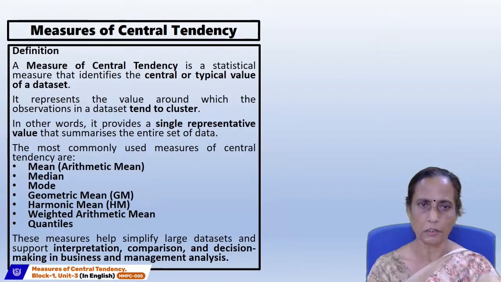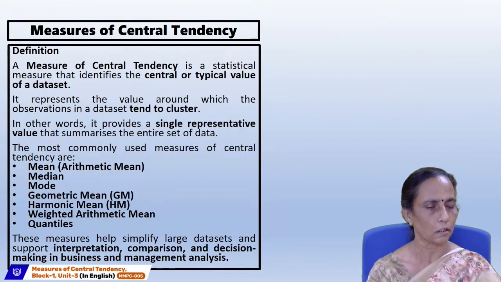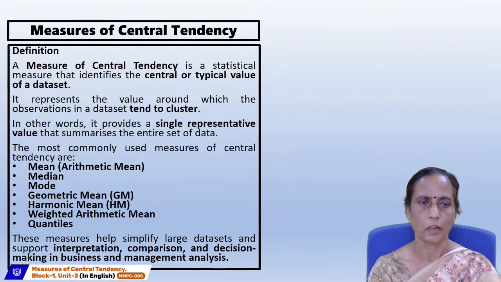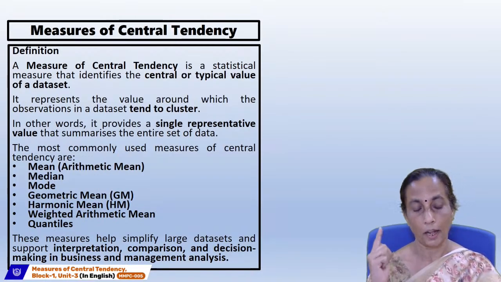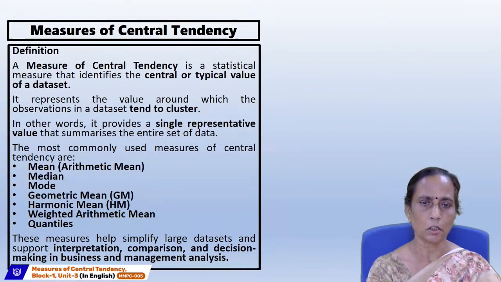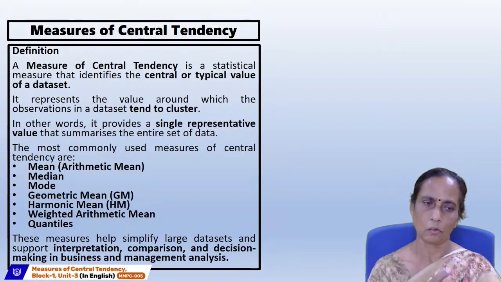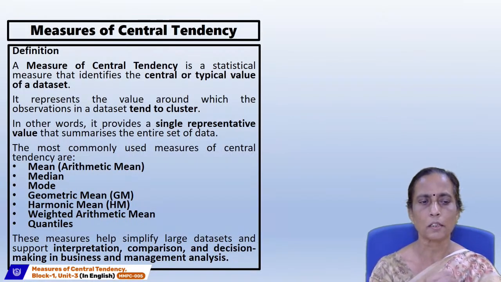It represents the value around which the observations in a data set tend to cluster. In other words, it is a single representative value which summarizes the entire set of data. The most commonly used measures of central tendency are the mean, otherwise called the arithmetic mean, the median, and the mode. In addition to these three, there are several other measures of central tendency.